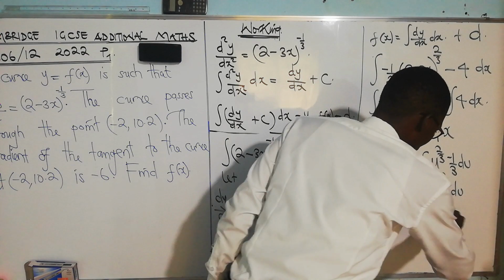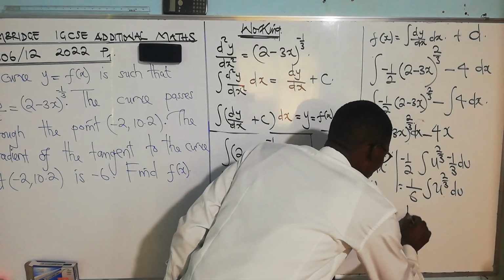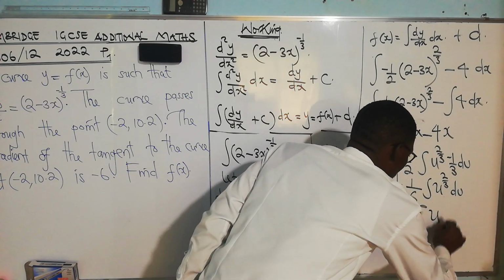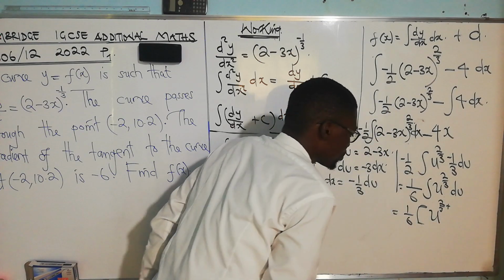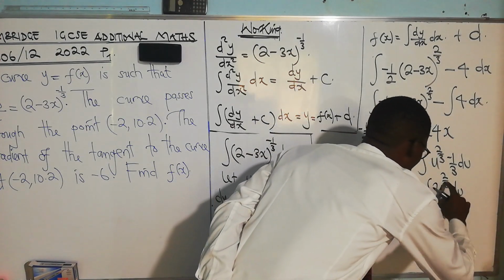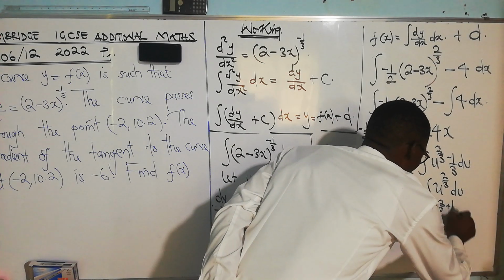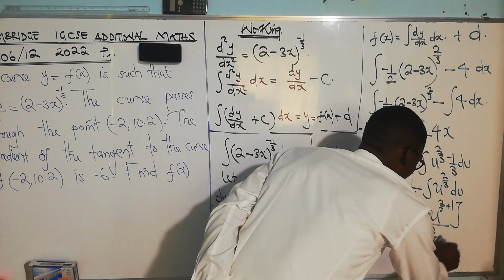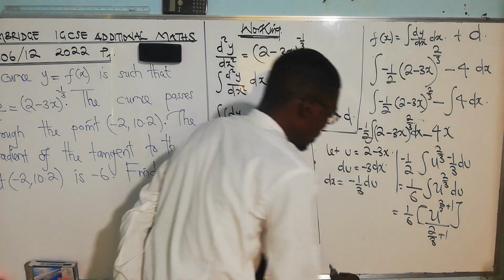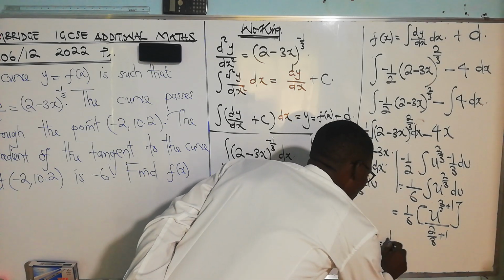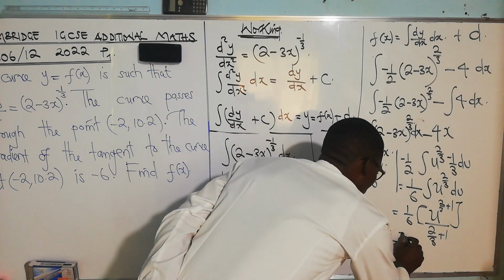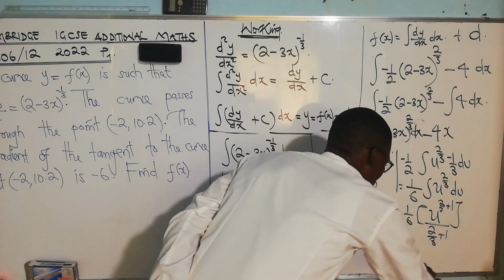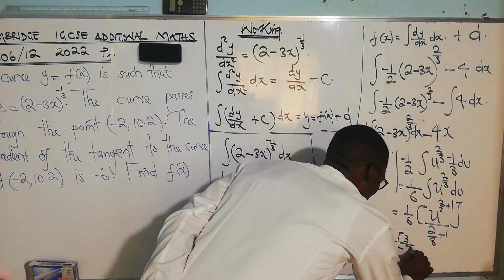When you integrate this one, what do you get? So that will be 1/6. When you integrate that, you are going to get u to the power 2/3 plus 1, that's 3/3 plus 1, divided by 2/3 plus 1. All right, what are we going to get there? We are going to get 1/6 times, when you add this, this is a 3/3, when you add you get 5/3, so this will be 3/5.